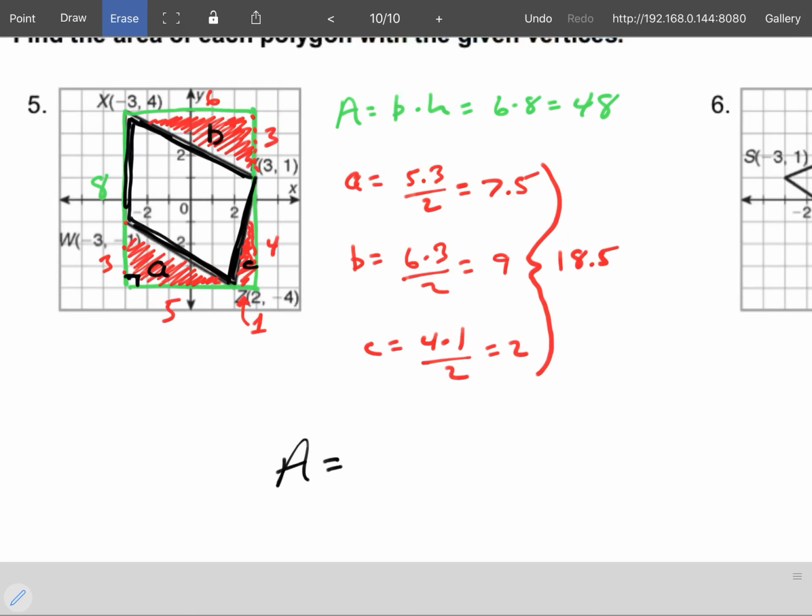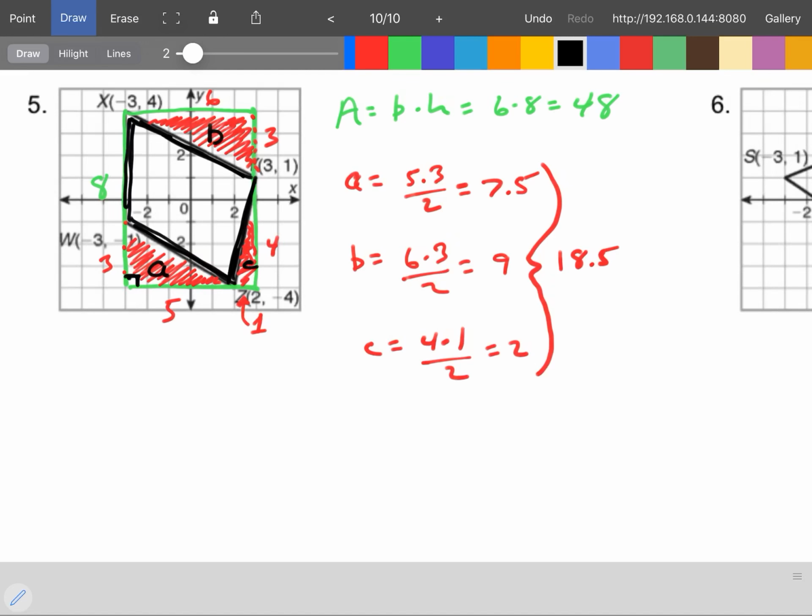See if I can squeeze this in here. So the area is going to be 48 minus 18.5. And that's going to be what, 29.5? And that would be your final answer.